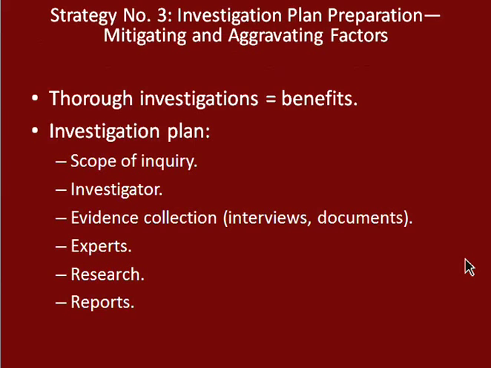Make sure that the essential elements of a plan, as I mentioned, the scope of the inquiry, who the investigator is, how you're going to collect evidence, and reaching out to experts, are well thought out. One of the benefits of a thorough and comprehensive investigation is that it can be seen as a mitigating factor.